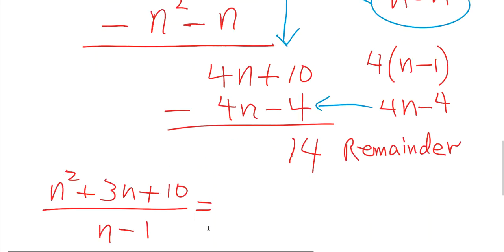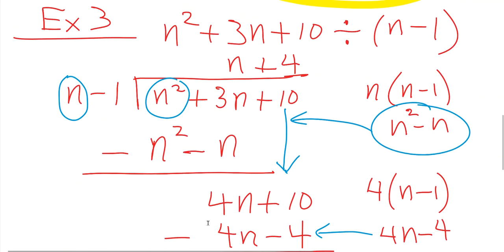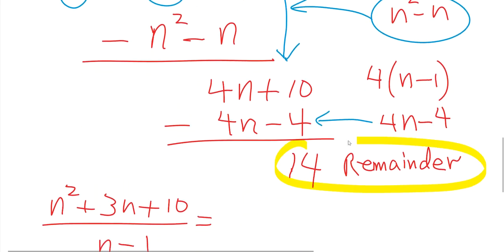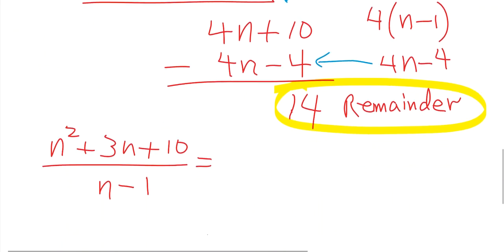So how do we go about writing the answer now? We can see up here at the top that when we divided n squared plus 3n plus 10 by n minus 1, we did the long division, and we can see now that our answer is right there, n plus 4 with a remainder of 14. So how do we write this? The answer is n plus 4 with a remainder of 14.